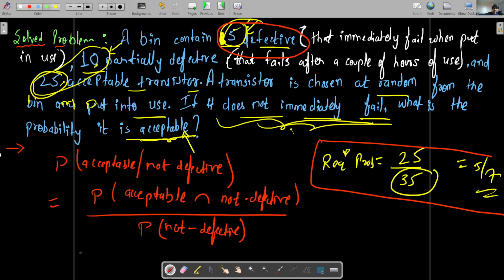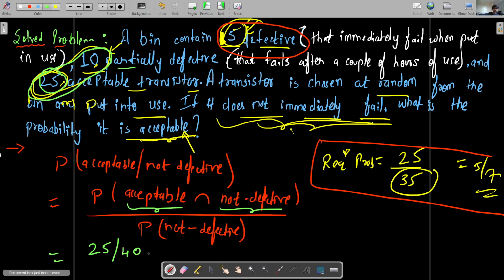Let me change the color. In the numerator it shows that it should be acceptable as well as not defective at the same time. We know that these two categories, 25 and 10, are not defective. But how many acceptables are there? 25, right? So in total we have 25 acceptable out of how many? 40, right?